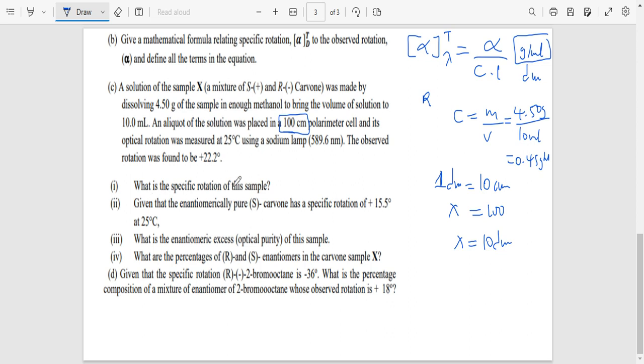Now we want to find the specific rotation of the sample. The specific rotation is at temperature 25, and the wavelength, of course, we've been given as 589.6.